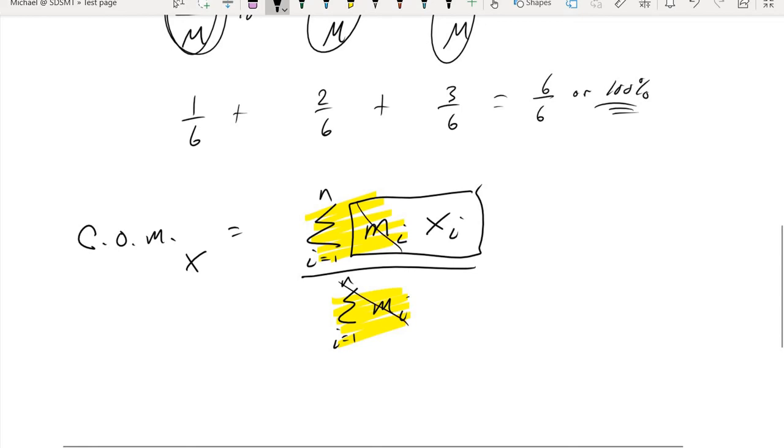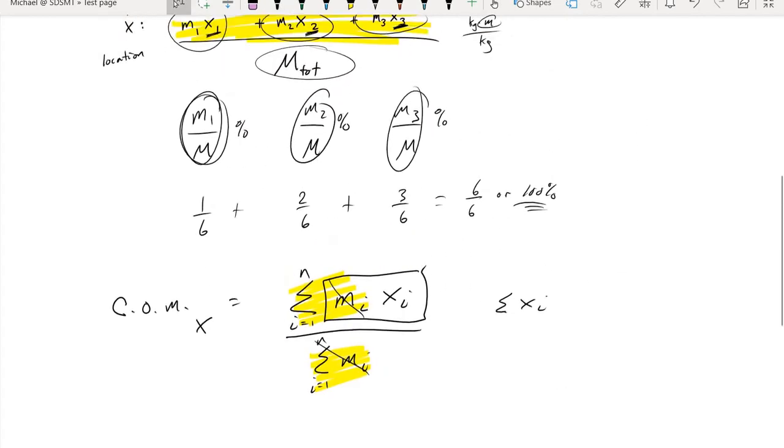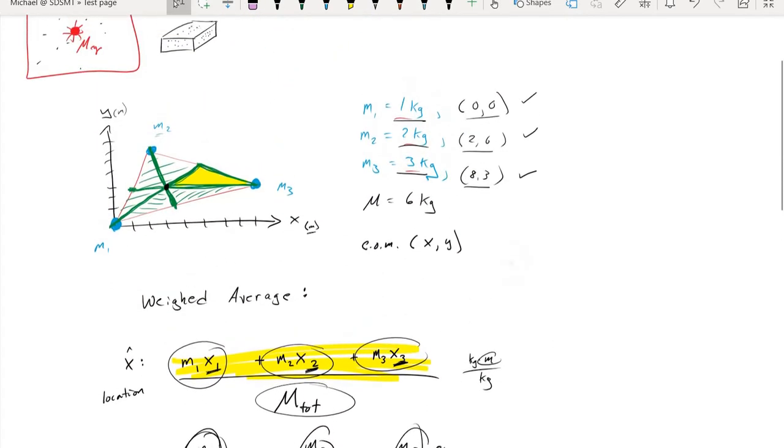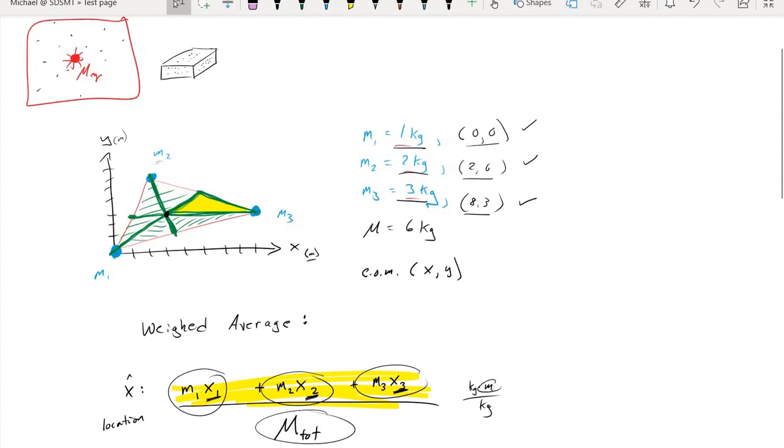If we were to cancel out the masses, all you would have left would be the sum of the individual positions. And let's see what that would do in the case of the x-axis. If I added up all the individual x values, we've got 0 plus 2 plus 8, that would be 10. And that would mean that my center of mass would be out here somewhere. And we know that that's not true.